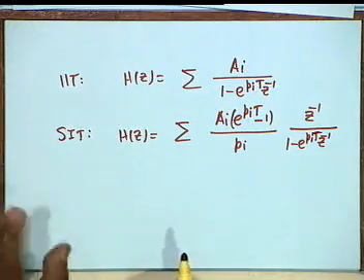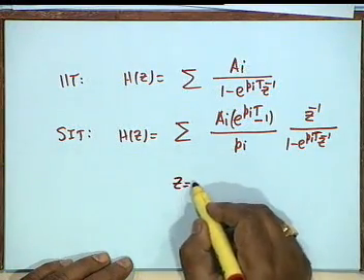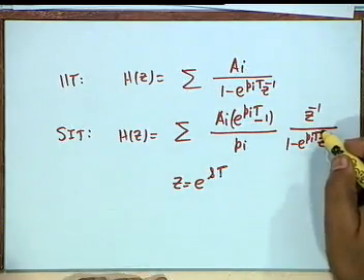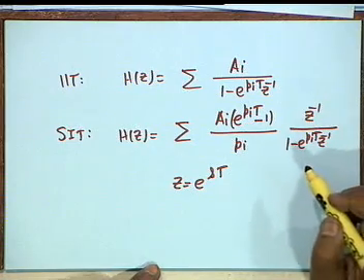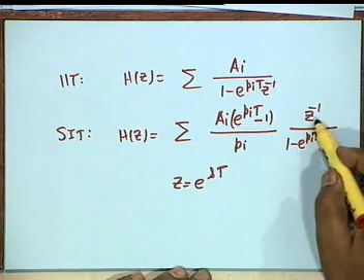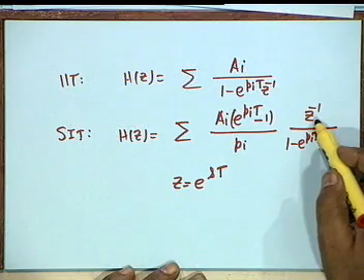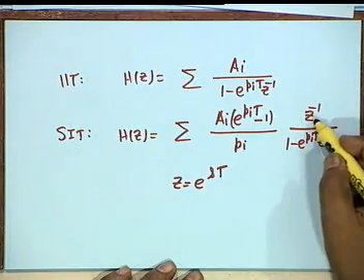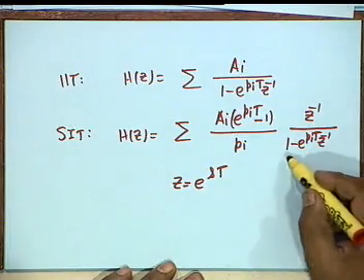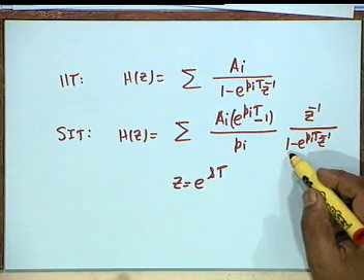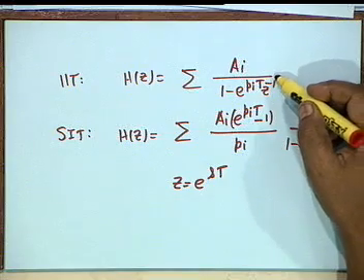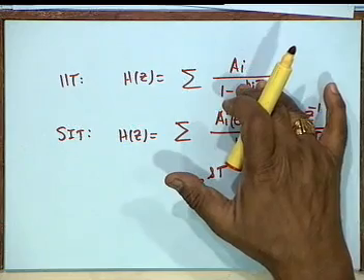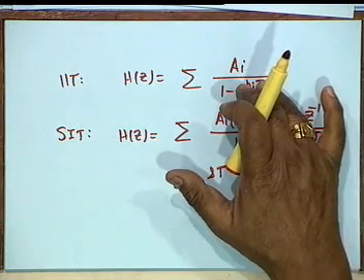The poles are transformed according to the relation z equal to e to the sT. But in this case, there is a z inverse in the numerator, which means that if z equal to infinity, then this term becomes equal to 0. 1 by infinity in the numerator, that becomes equal to 0. In the denominator, we get 1. Whereas here, there is no 0 at infinity. At infinity, it will simply become a_i. So that is the difference.